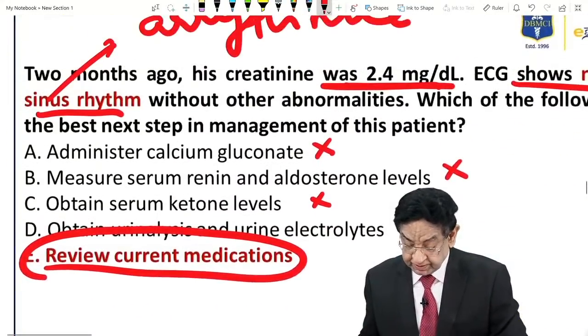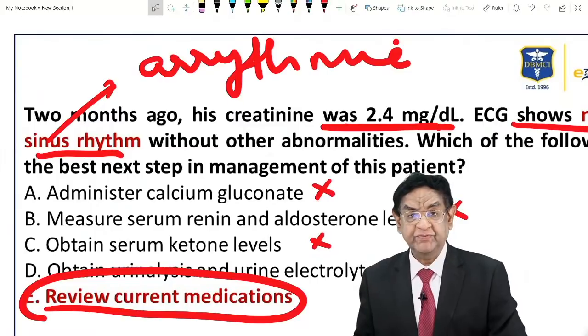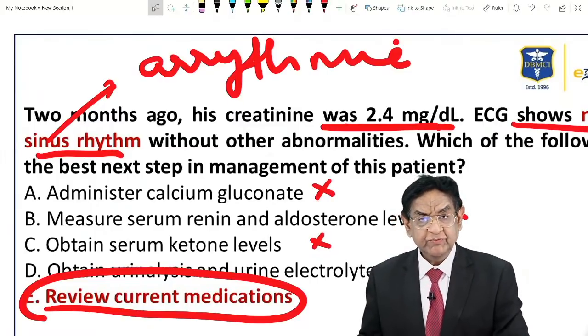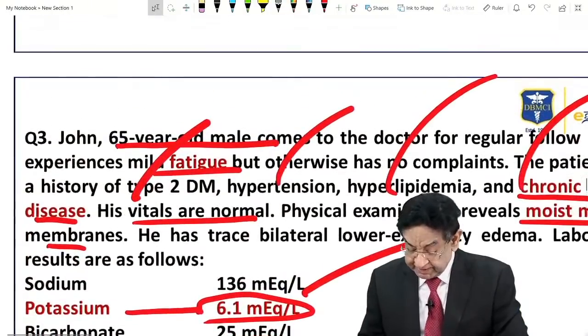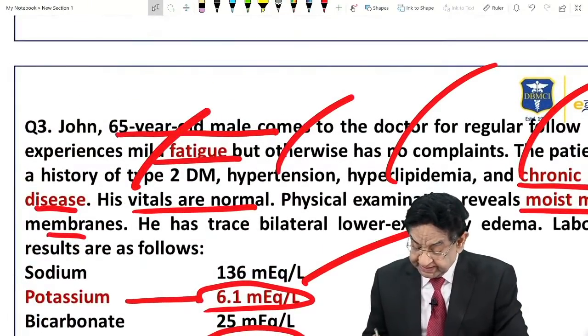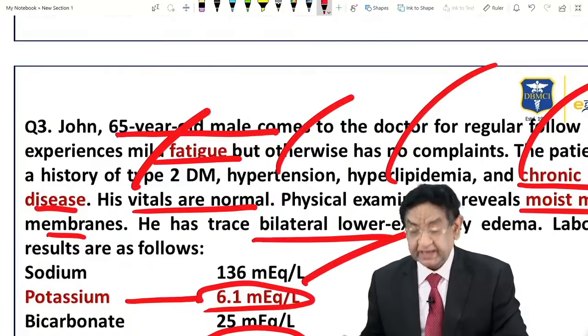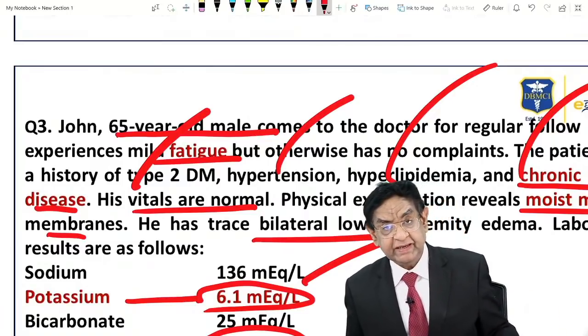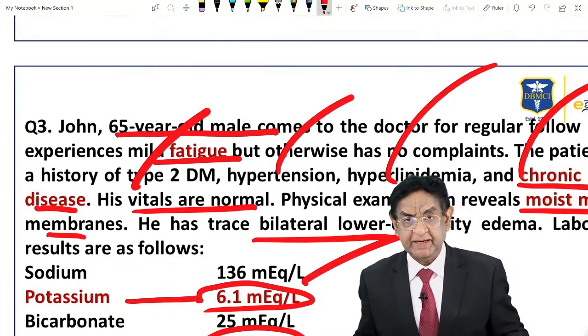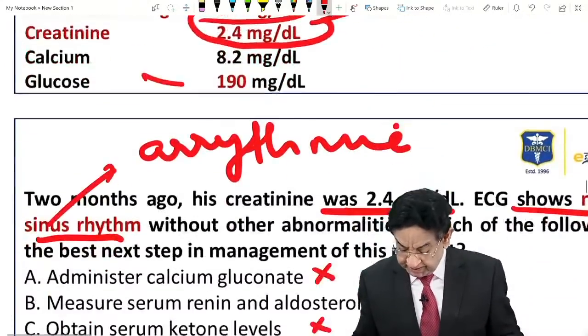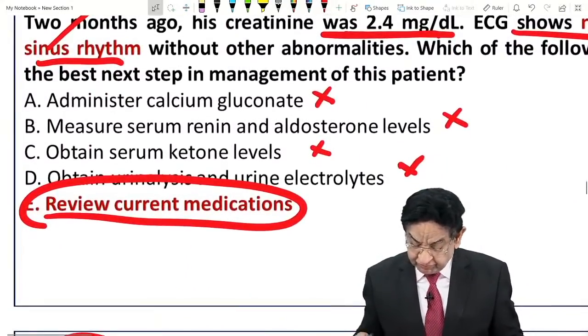So in this patient, we would like to see if he has already been given drugs. He has edema of feet, and any drug which is causing hyperkalemia, quite possibly he is taking an ACE inhibitor, quite possibly he is taking a potassium sparing diuretic. Review. But what about the others? Why not them?